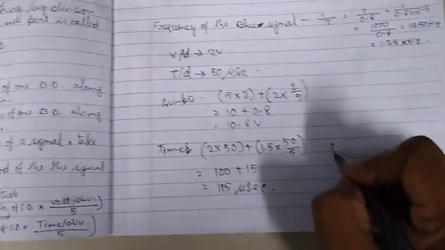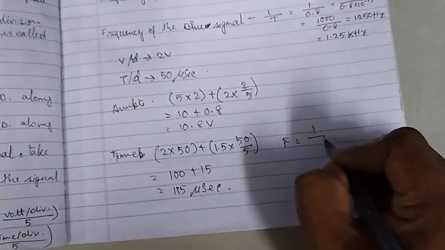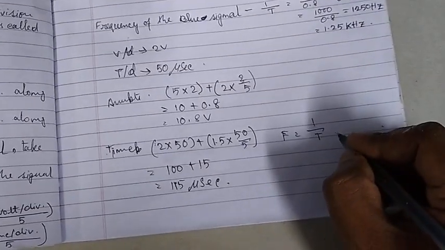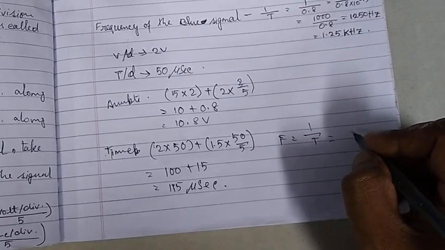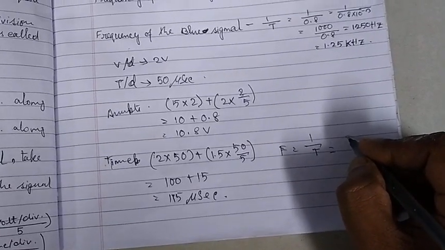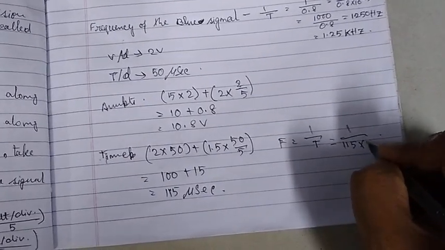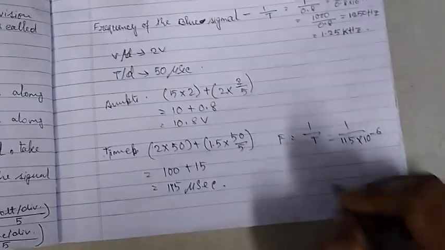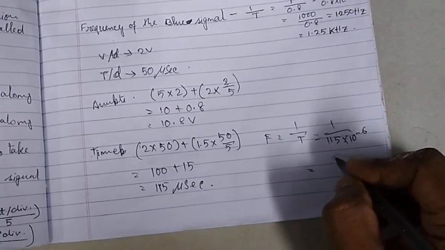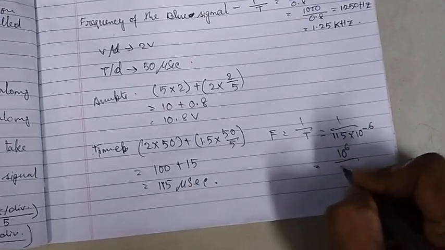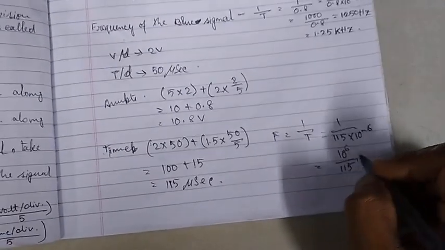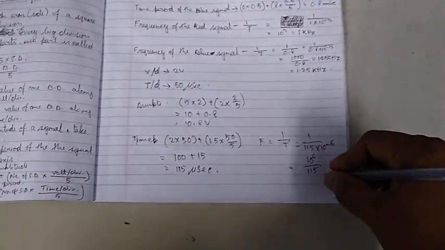So frequency is 1 by T, equal to 1 by 115 into 10 to the power minus 6, that is 10 to the power 6 by 115. This is the value of frequency. If I calculate this value, we can get the exact frequency of the signal.